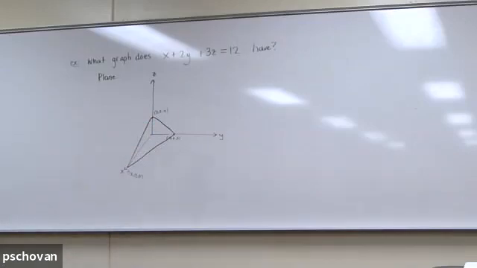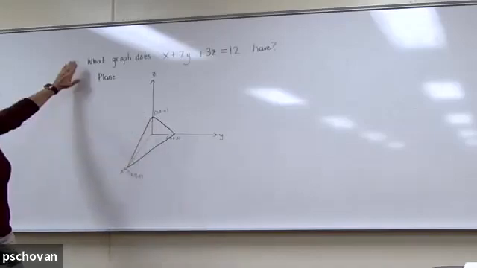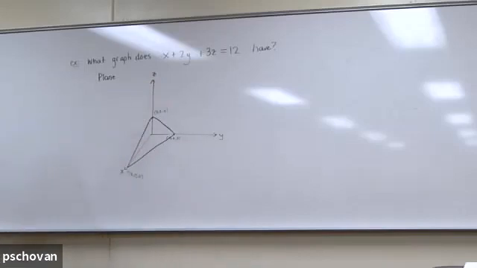A plane has no boundary lines. This plane extends infinitely that way, that way, that way. But that's all you see if you were to just look in the first octant. So even though we draw them so that they look like little triangular regions, this is a plane going in every direction.